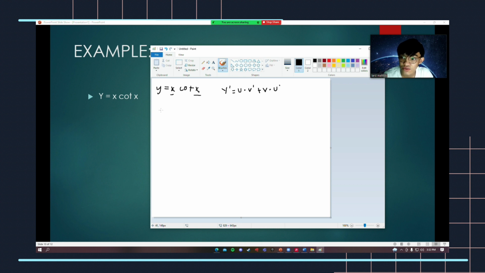So we have x times negative cosecant squared x, plus cotangent x.